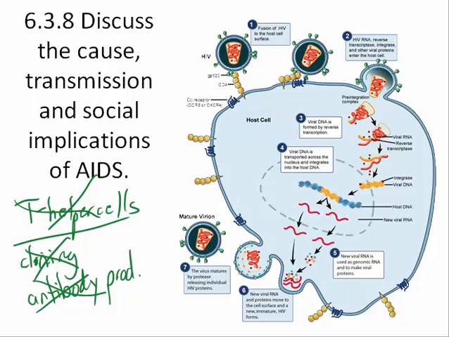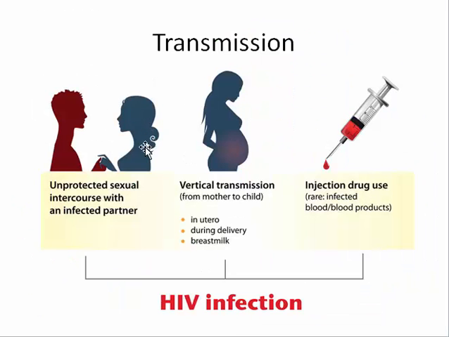The next part of this assessment statement says to address transmission. So, firstly, you can transmit HIV through unprotected sexual intercourse. It can be transmitted from mother to child during delivery and through breast milk.